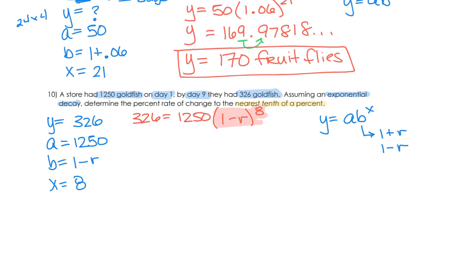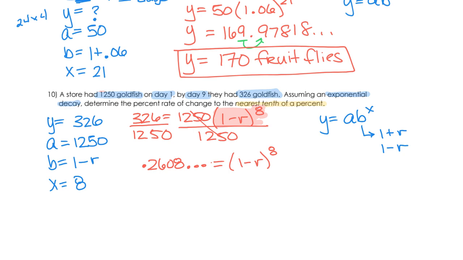Okay. And so our first move is to divide by 1250. And we're going to go ahead and end up with 0.2608 dot, dot, dot. Again, guys, I'm not rounding. Not yet. Not till the end. Okay. And now, guys, I am ready to go ahead and use my reciprocal power to get rid of that 8 exponent.